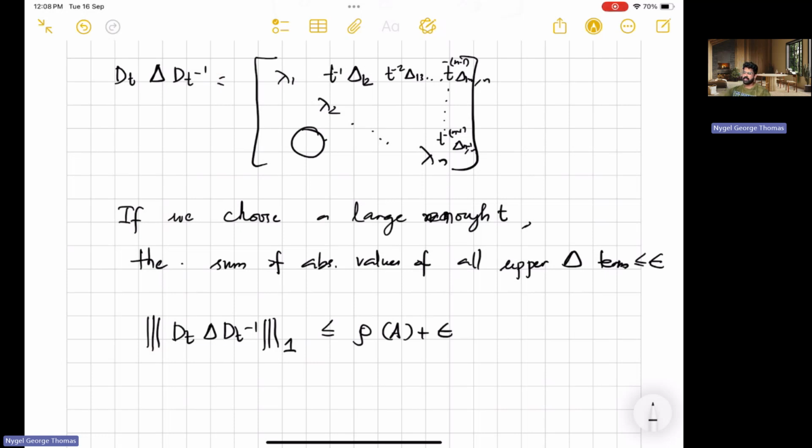This is the upper limit. Why? Out of all the moduli of the lambdas, the spectral radius will have the highest value. Even if lambda n is the spectral radius, you will have all the other terms along that particular column, but their sum is less than epsilon. So this is the highest value it can take. Okay.